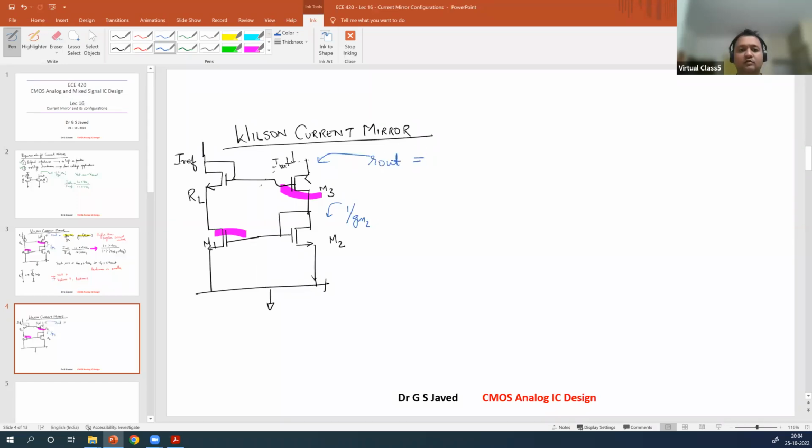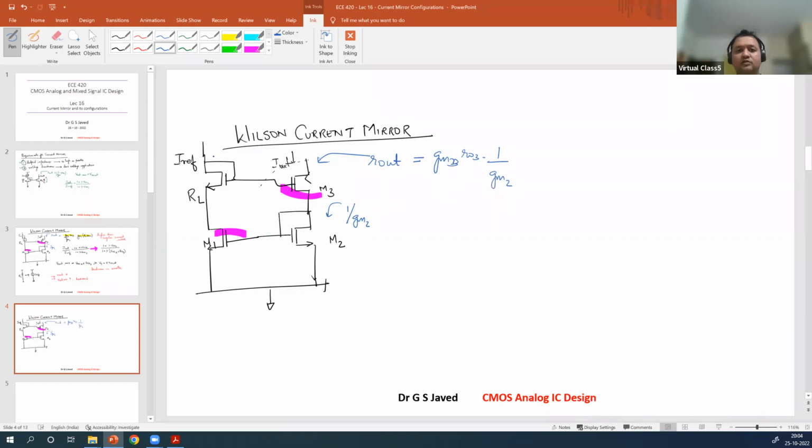R out is equal to, first thing is, what is the gain of this? GM3 RO3 times 1 over GM2, resistor.